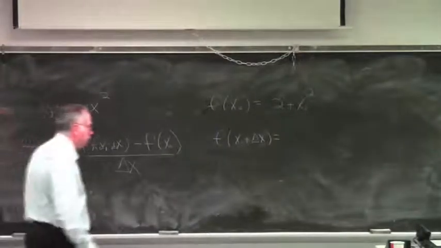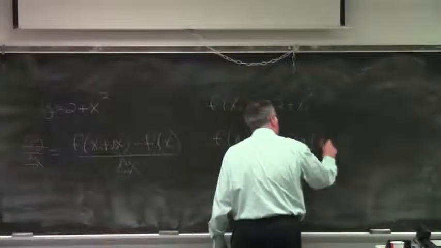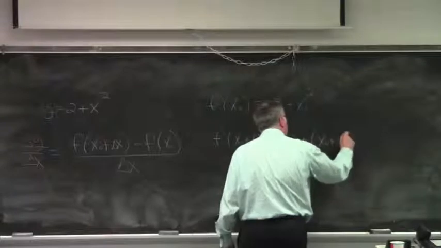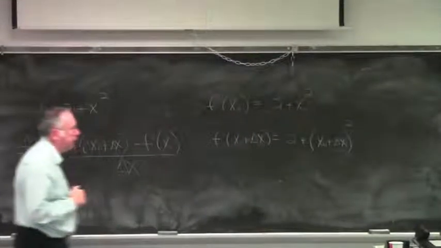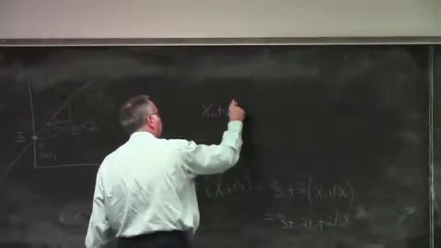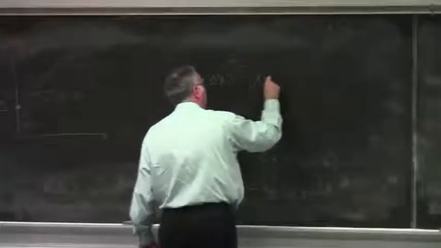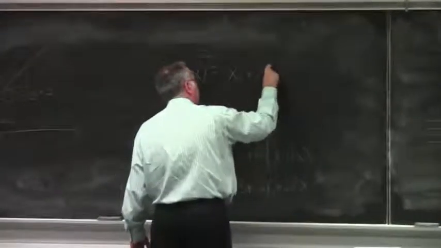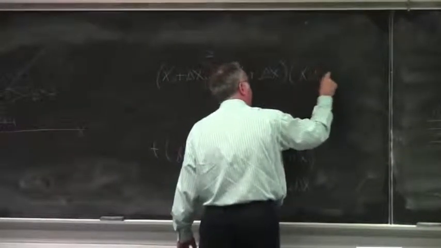So it's just 2 plus x sub 0 plus delta x quantity squared. Okay. x sub 0 plus delta x quantity squared is just x sub 0 plus delta x times x sub 0 plus delta x.